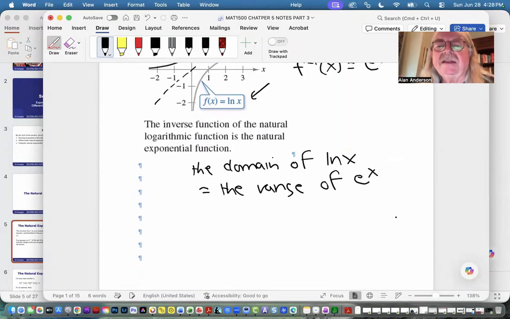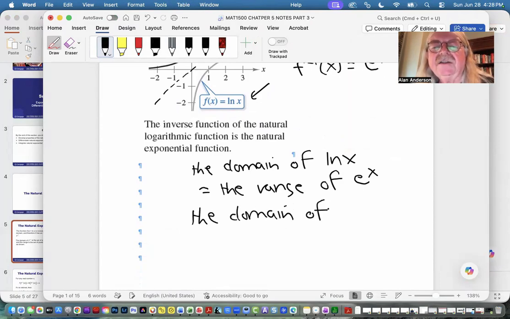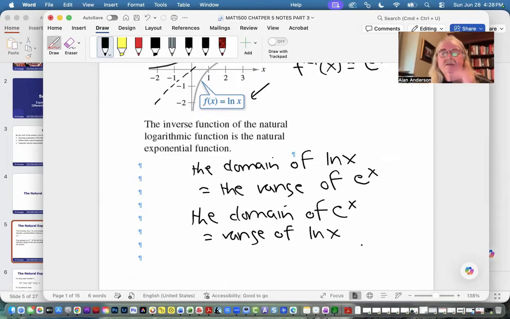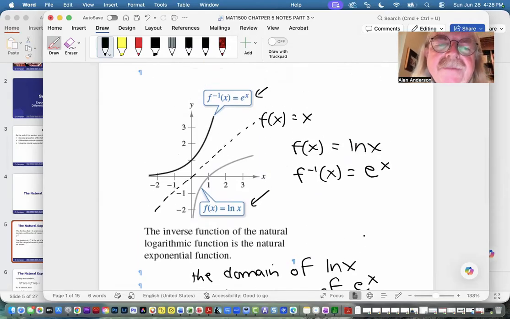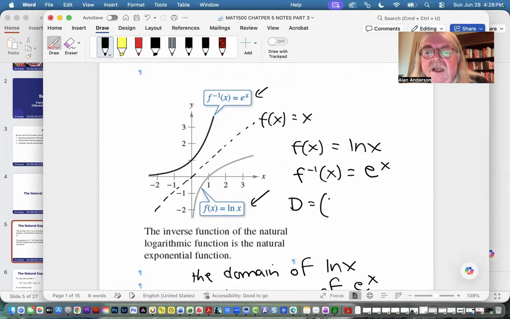That means then that the domain of e to the x, therefore, is the range of log x. Now, based on the graph too, you can clearly see that the domain for the log of x does not include the negatives or zero itself. Okay.